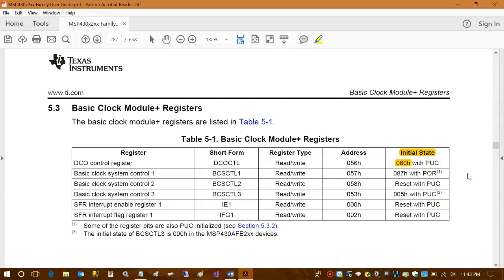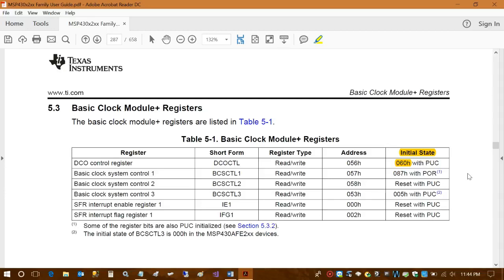So I hope that this video clears your idea about BCM, but make sure that you read the previous video, because just reading the registers won't help you out, because you must know the clocking module in details that was discussed in the previous video. So once you are clear with the previous video, then please proceed into this video. And if you have any kind of questions, please don't hesitate to mail me or write in the comments below in the website. So guys, that's all that I want to do in this session.